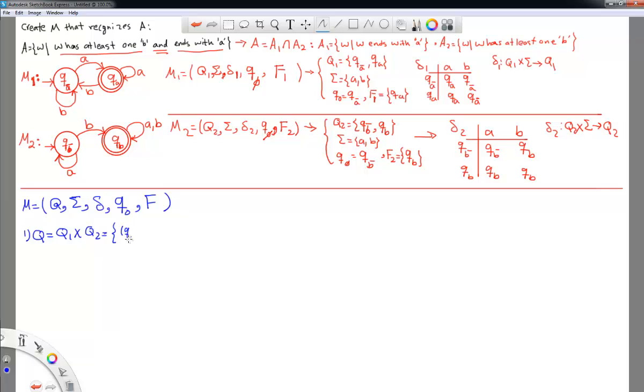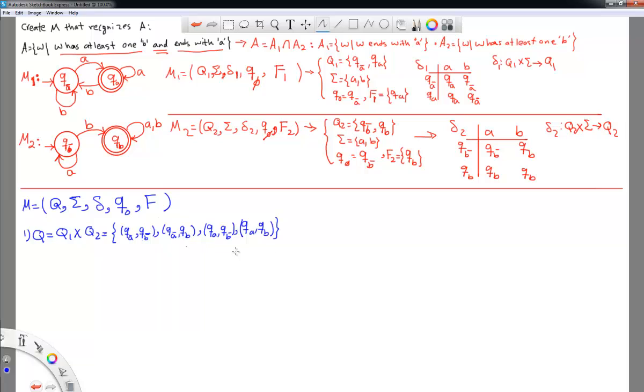So Q naught A and Q naught B, Q naught A, Q B, Q A, Q naught B, and Q A and Q B. I've got four states. Each of them is a pair of states. The first one coming from the first automaton, and the second one coming from the second automaton.